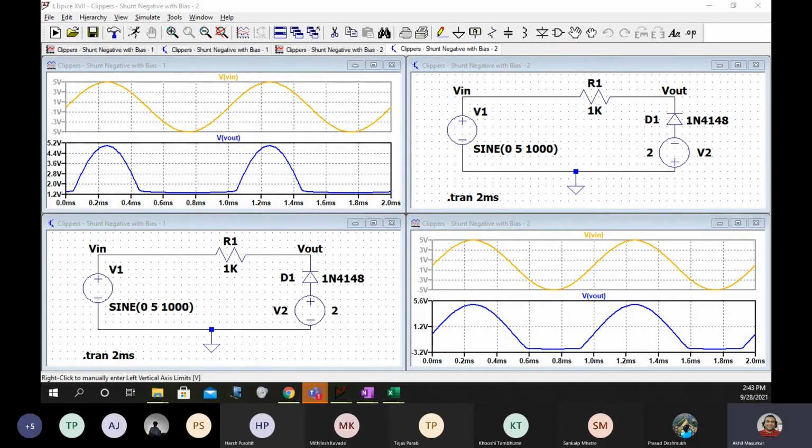Once you are done with this, we'll see one more last clipper, that is a two-way clipper, and then we'll end the session.